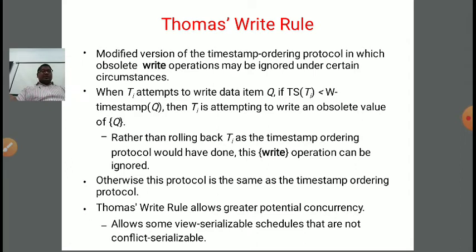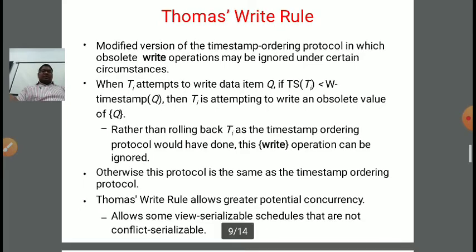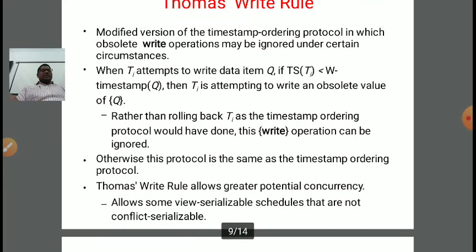When Ti attempts to write data item Q, and the timestamp of transaction Ti is less than the write timestamp on data item Q, then Ti is attempting to write an obsolete value of data item Q. Now rather than rolling back transaction Ti as the timestamp ordering protocol would have done, this write operation can be ignored. Otherwise this protocol is the same as the timestamp protocol. Thomas Write rule allows greater potential concurrency. It allows some view serializable schedules that are not conflict serializable.